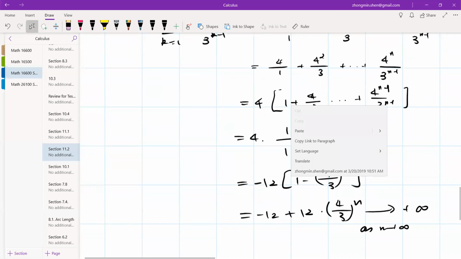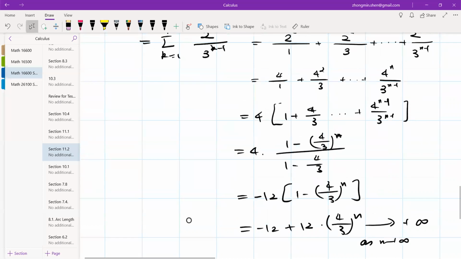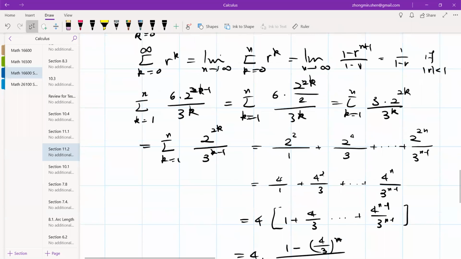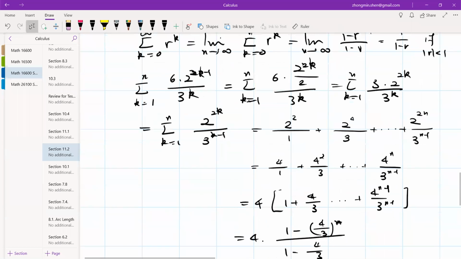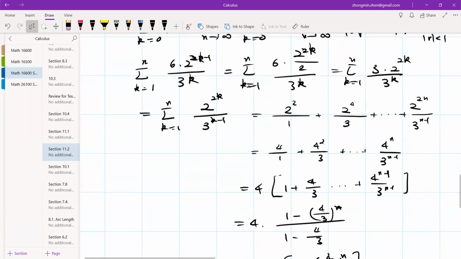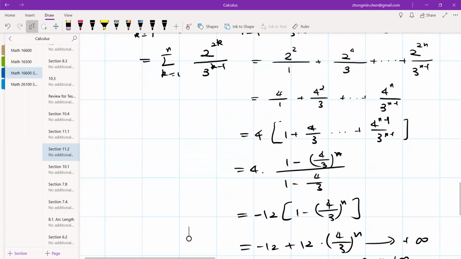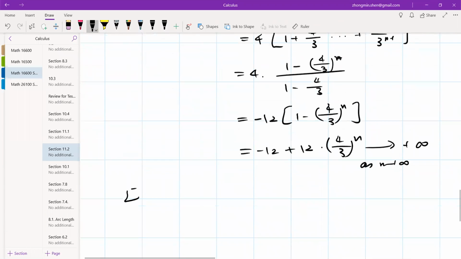What does that mean? It means it's not only divergent, it's divergent to infinity. So my conclusion is, let's assume k equals 1, and this is 6 times 2 to the 2n minus 1 over 3 to the n.